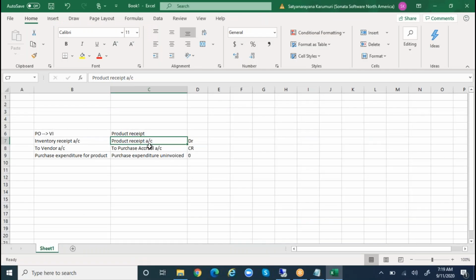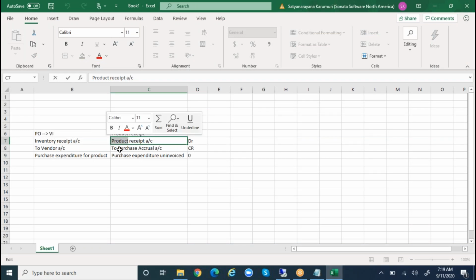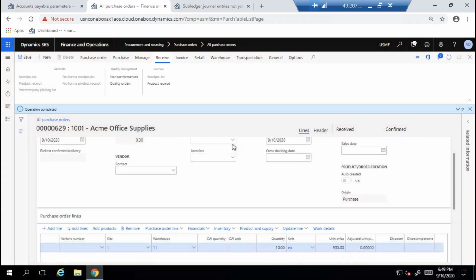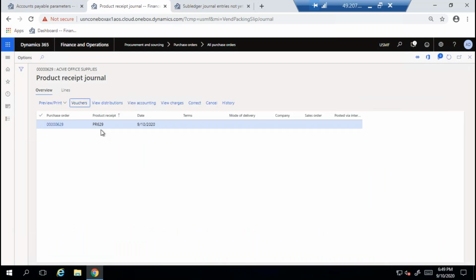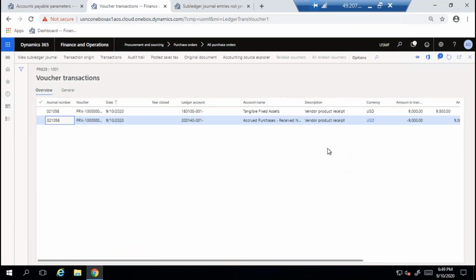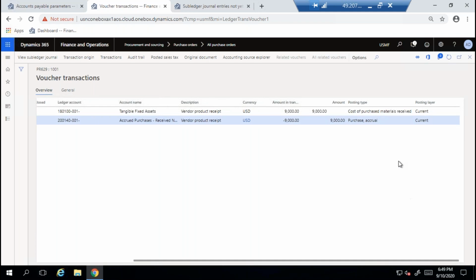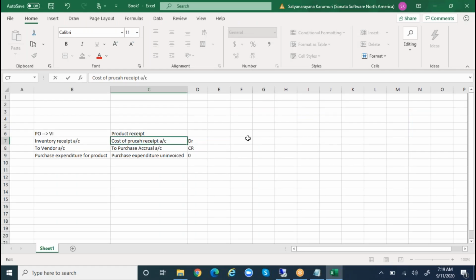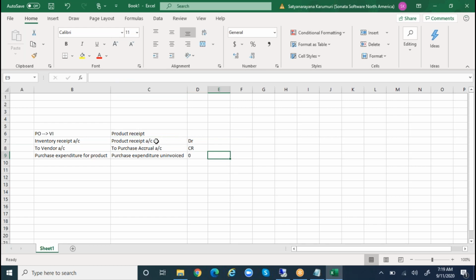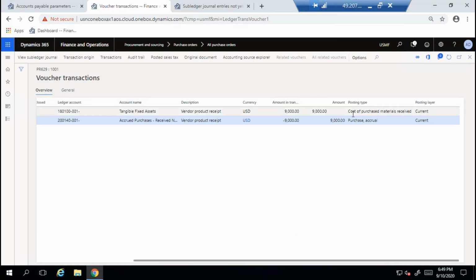Here, this is product receipt means cost of, let me use the exact words. In AX 2012, the wording was just product receipt, but here it is cost of purchased material received.